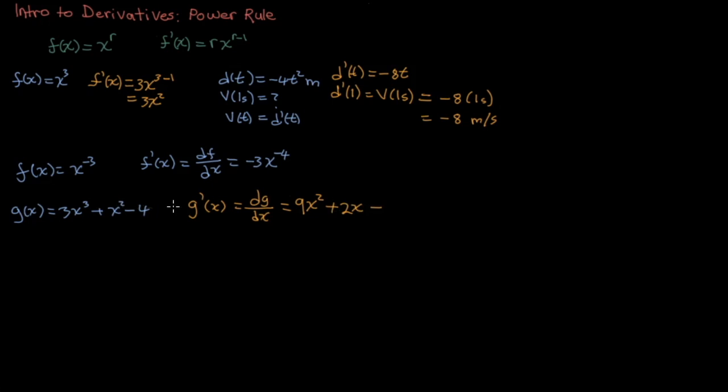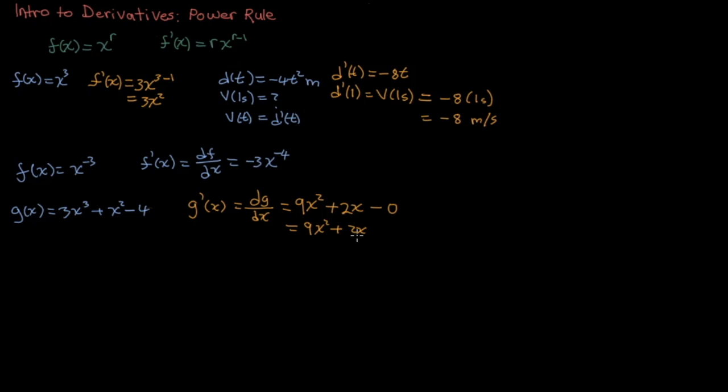And then for the 4, since it does not have an x there, that just cancels out to 0. So the answer would be 9x squared plus 2x. Right?